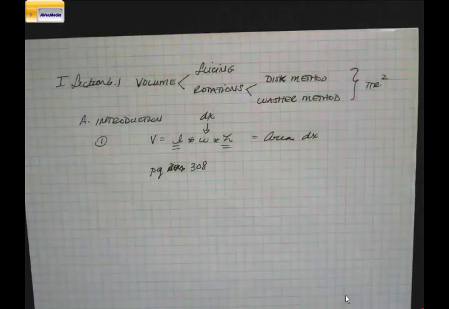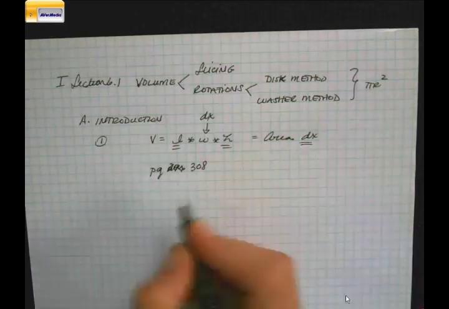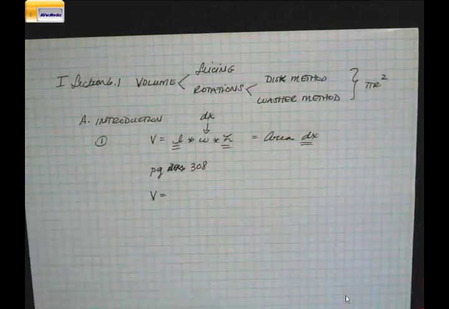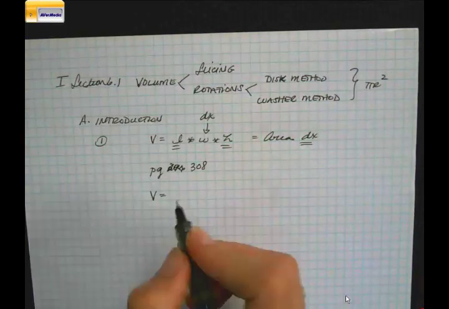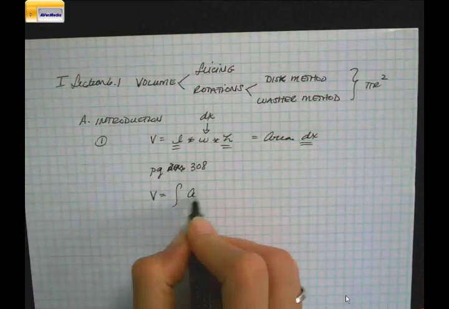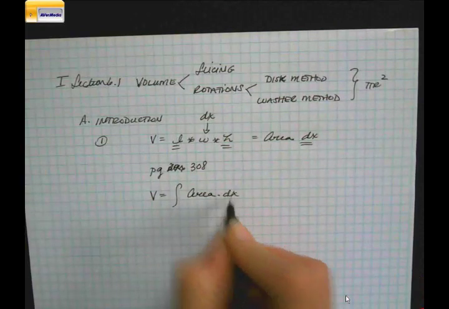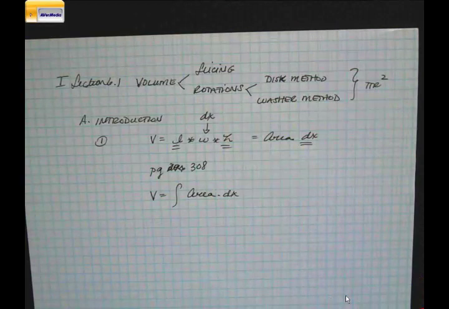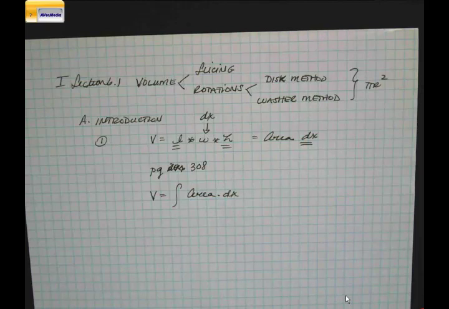To find volume, if we're considering volume as area times width, where our width is like our dx, then we start looking at volume using the methods of integration, and volume becomes the integration of area times dx, which means you're taking the volumes of all these slices and accumulating them or adding them together under the method of integration.